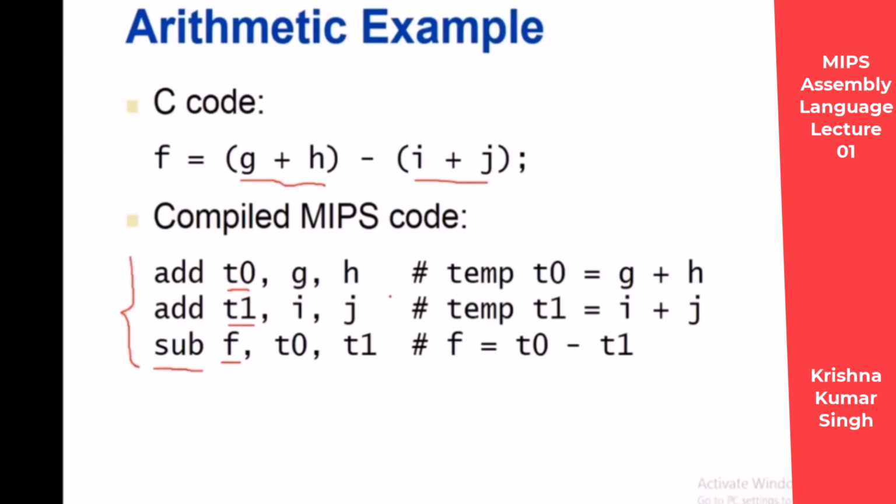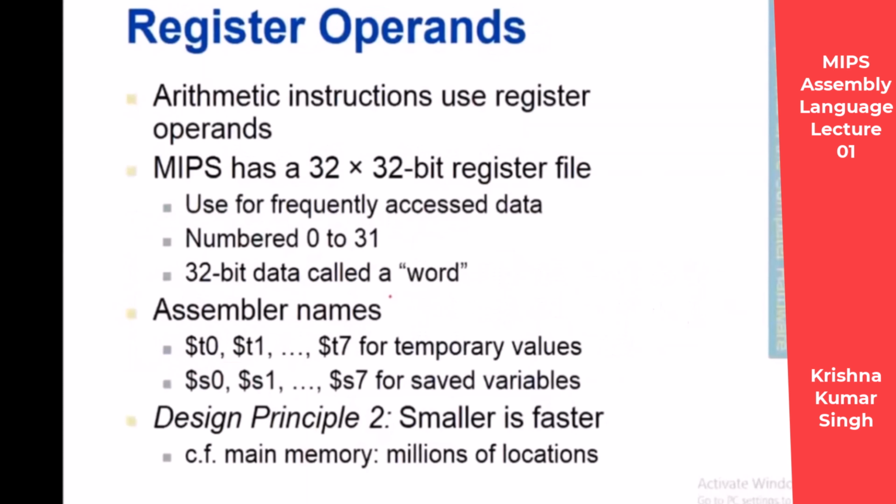As I mentioned, all of the arithmetic instructions should use registers as their operands. In MIPS, we have 32 registers and the size of each register is 32 bits. These registers are numbered from 0 to 31: register 0, register 1, register 2, up to register 31.